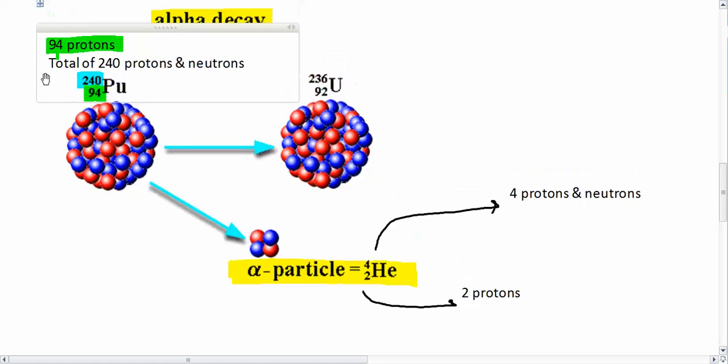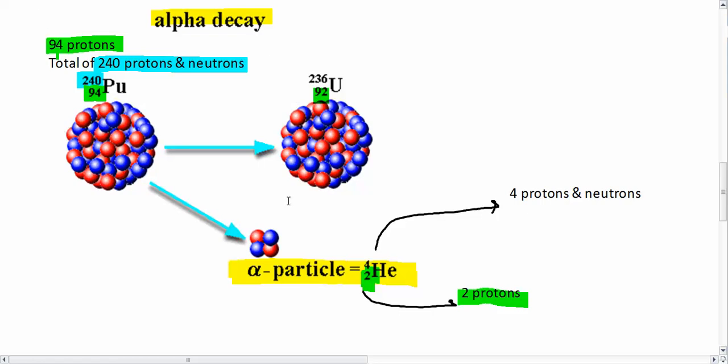So what happens to plutonium? Well, it has 94 protons to start with. But if it lets off an alpha particle, it's going to lose 2 of those protons. So if it loses 2 protons, it's left with 92. Now, up here is the mass number, 240. That means it's the total number of particles in the nucleus.